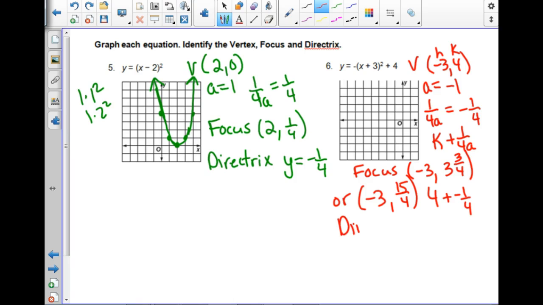All right, now Directrix. Can you please tell me what to do for that? Okay, the Directrix is found by doing K minus 1 over 4A. So plug in, please.